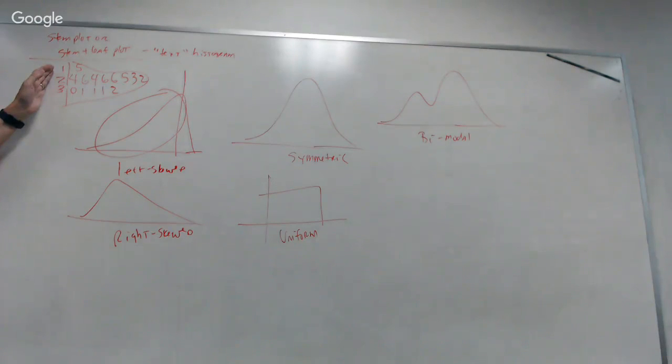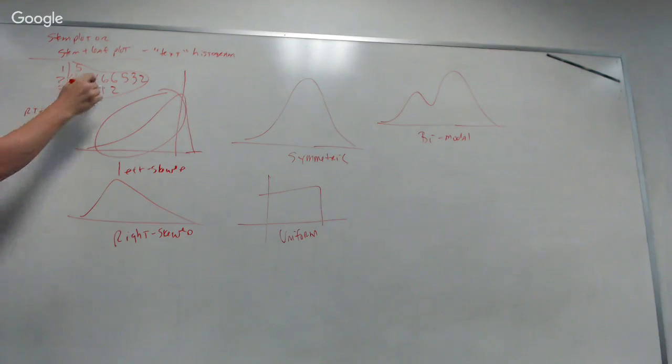And if so, which way? Skewed left. So you turn your head this way. Is it skewed left or skewed right? Right. And you're going to rotate it this way. It'll be right skewed. Because this side is your bigger tail, right? It's on the right side. You go from lowest to highest here.